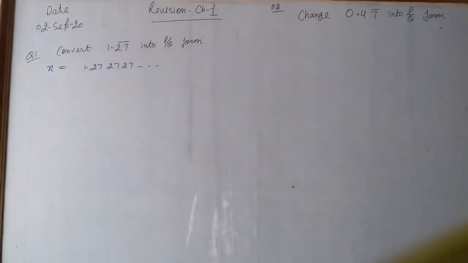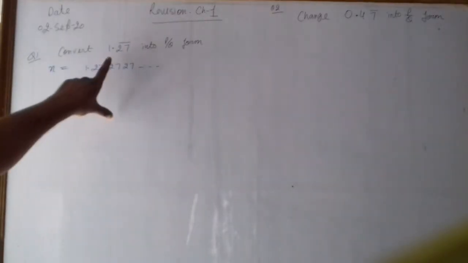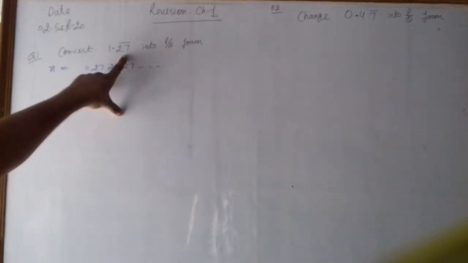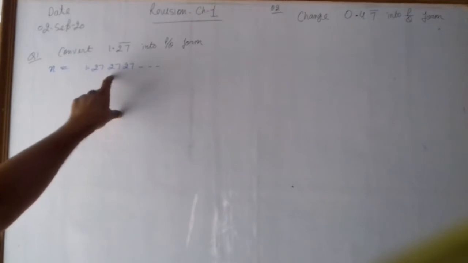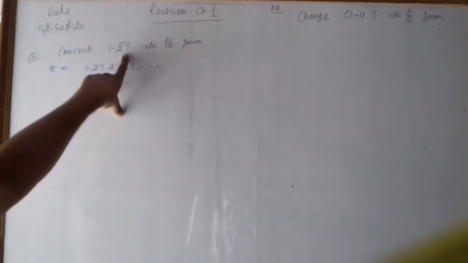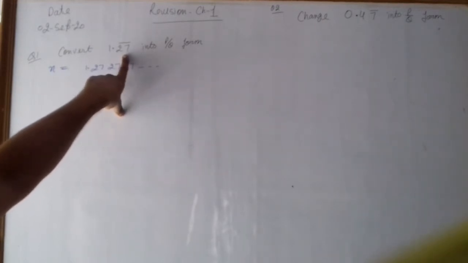How can we do this? First we will see, just after the decimal, how many digits are there. As we are seeing, two digits are repeating, right? So if two digits are repeating, then we have to multiply both sides by 100.